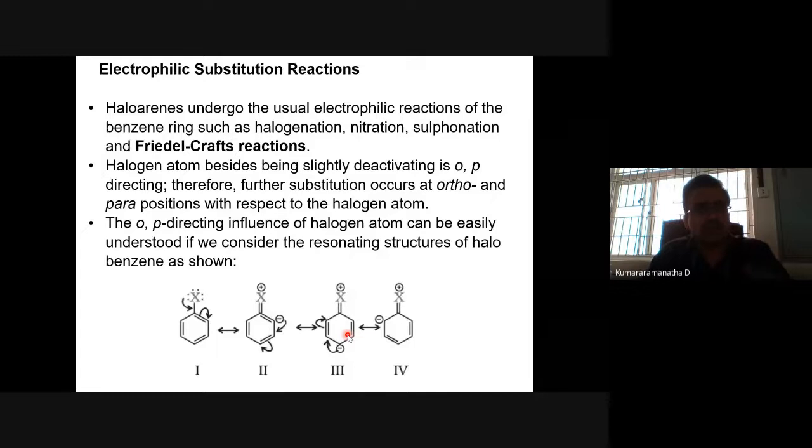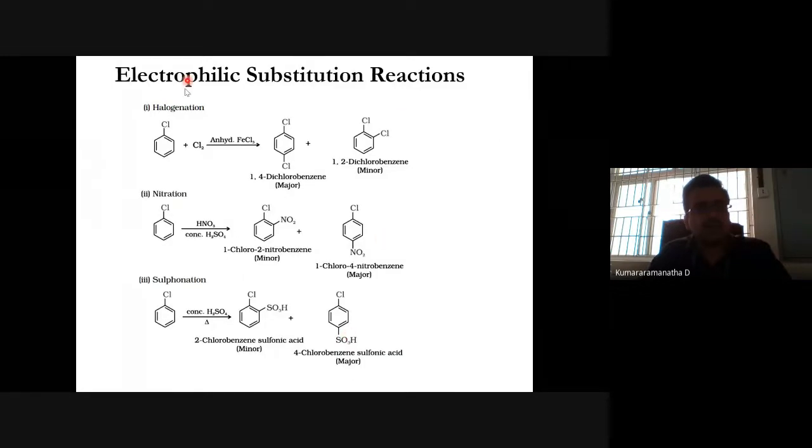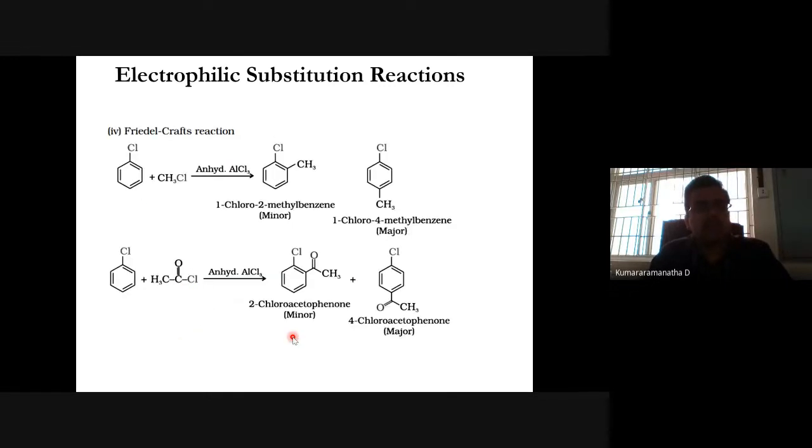Now, you can see here, you can halogenate chlorobenzene in the presence of anhydrous aluminum or iron chloride, where you get para-dichlorobenzene, and nitration we can also do for chlorobenzene, and sulfonation. Same way we can add a methyl group, a very important reaction, Friedel-Crafts reaction, where we get the para product which is dominant.